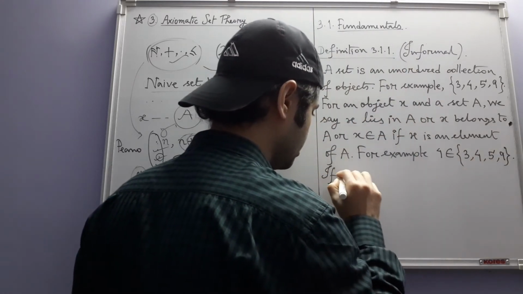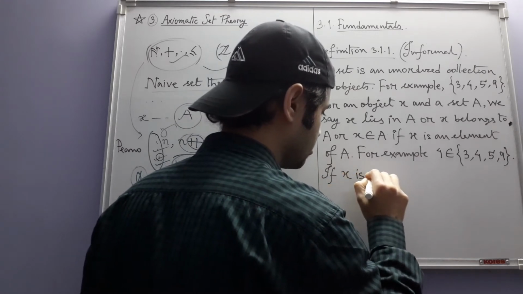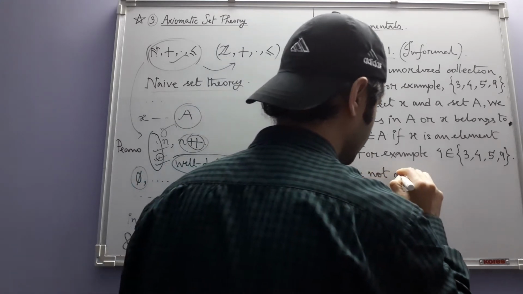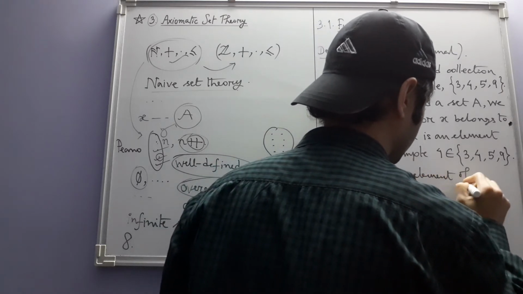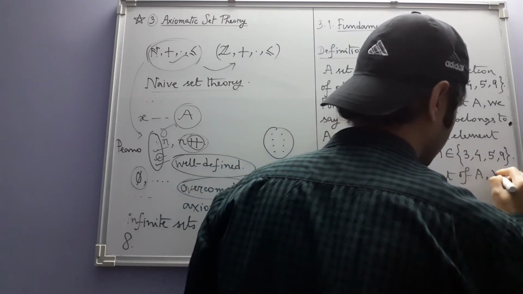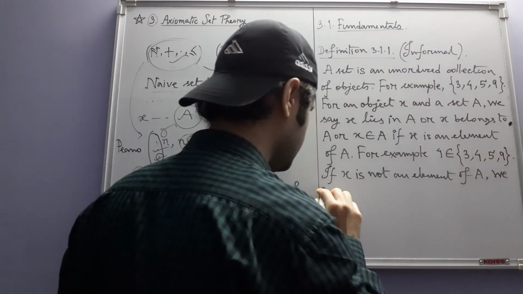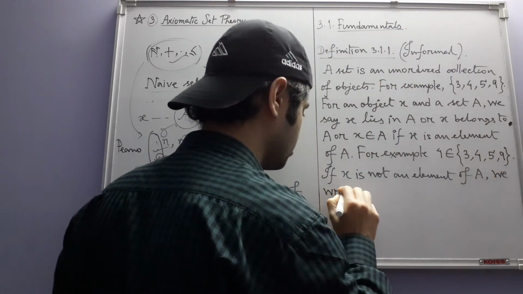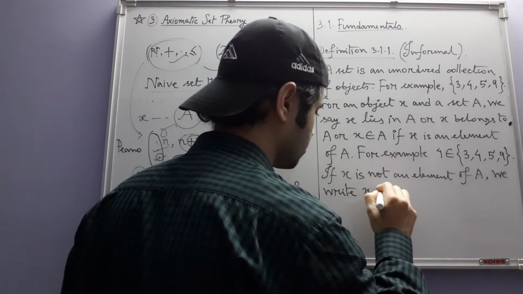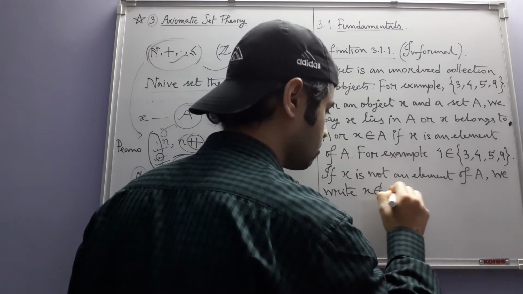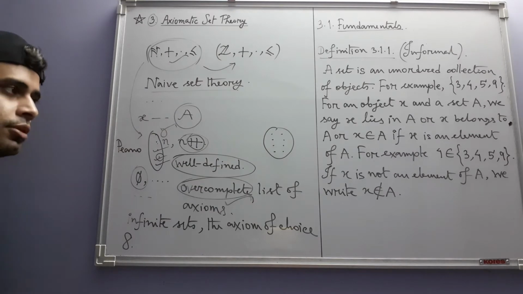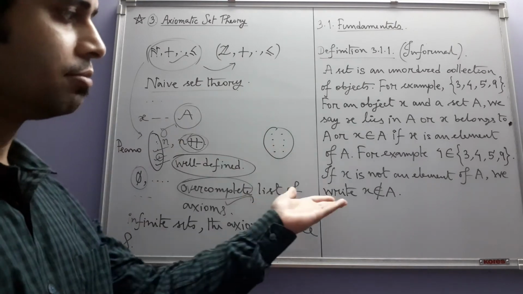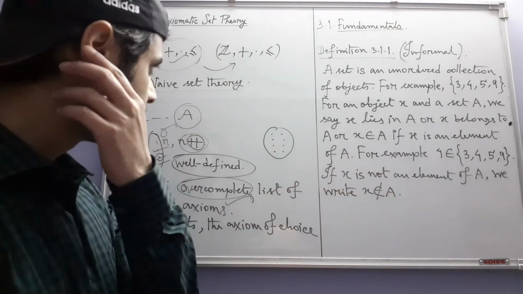If x is not an element of A, we write like this. Okay? So if x is not an element of A, then we strike this out.